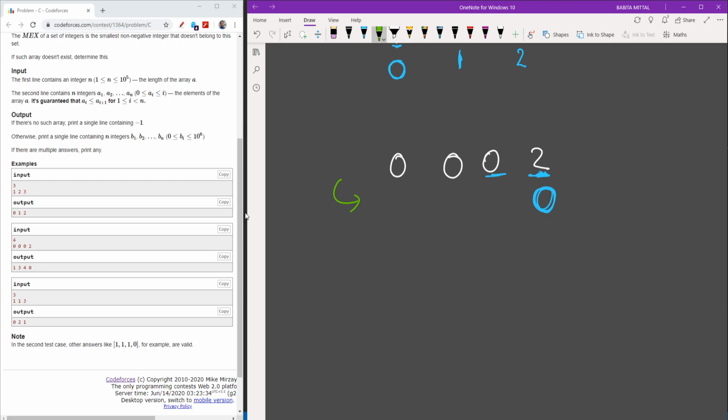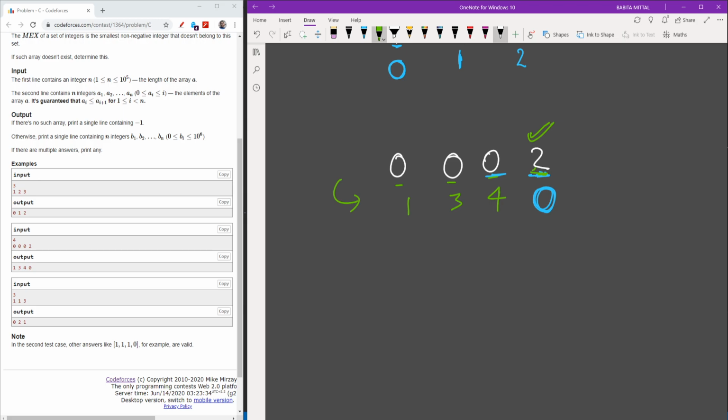If my 2 is here, then 1 should be filled here at least, and the next values I can fill anyhow, suppose 3 or 4. Now why do I not fill 2? Because 2 was already present here.